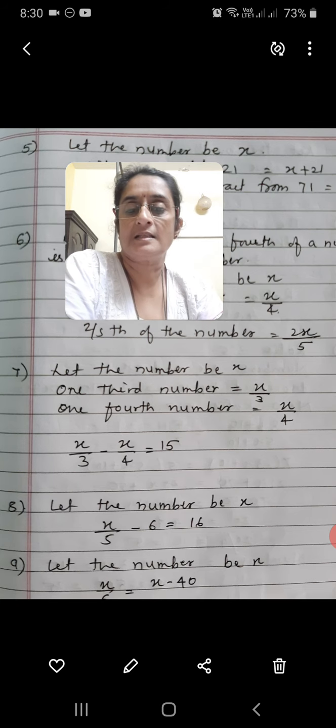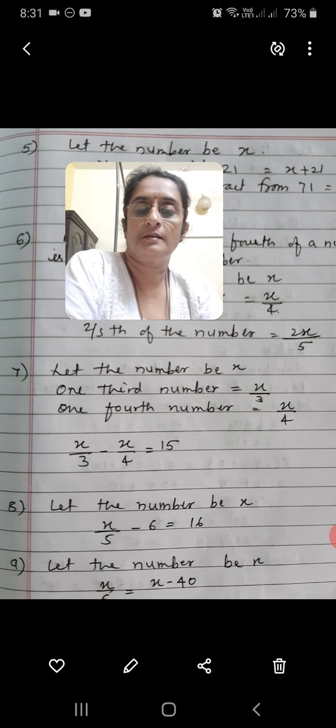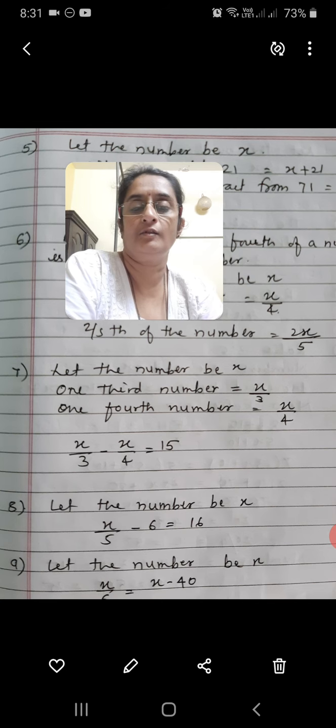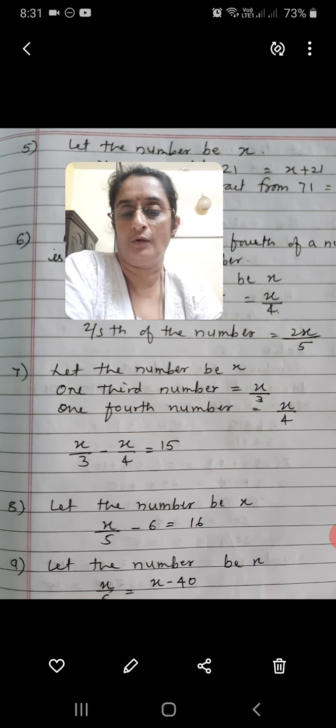You have to subtract 6 from that, so minus 6. That gives you the answer 16. So the equation is x upon 5 minus 6 is 16. So how will you solve it? 6 will go to the right hand side and be added, and then 5, which is dividing, will go across and multiply. Fine. So that solution part you have to do, children.